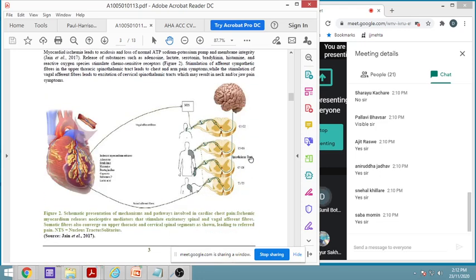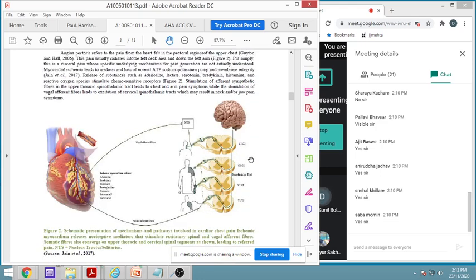Then we have seen that various chemicals are released during this angina, and because of this release of chemicals, the impulses are carried, and these impulses come in this area called the neck, then shoulder, the brachial plexus, and from this it comes, and therefore it will show that the pain is in that area.